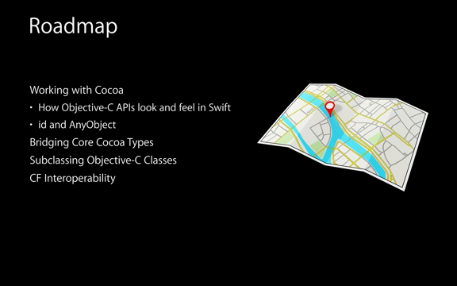Then we're going to talk about bridging of the core Cocoa data types, NSArray, NSDictionary, NSString, into their Swift native equivalents. Then we'll move on to subclassing, so writing Swift classes that subclass from Objective-C and how they're mapped back into Objective-C so that you can use these two languages together. And finally, we're going to talk about core foundation, core graphics, and this general notion of CF interoperability within the Swift programming language.